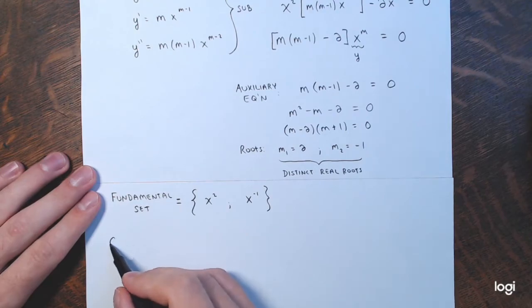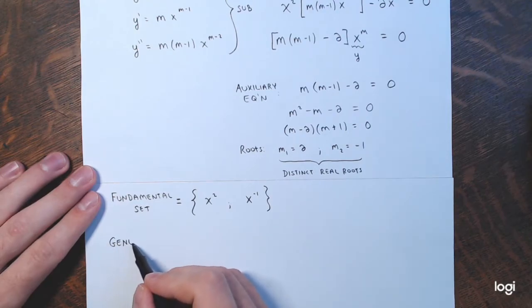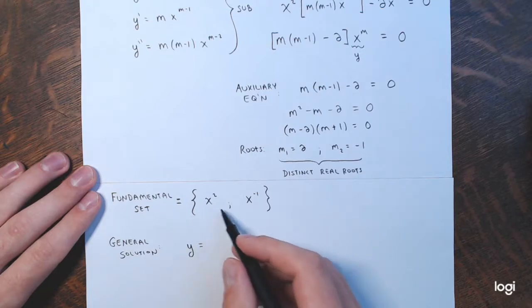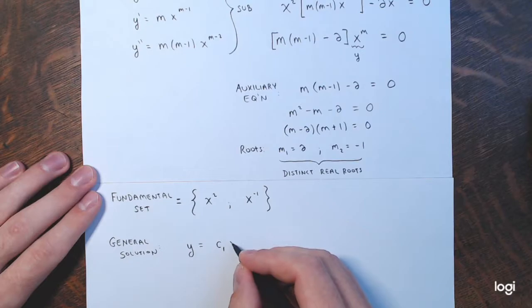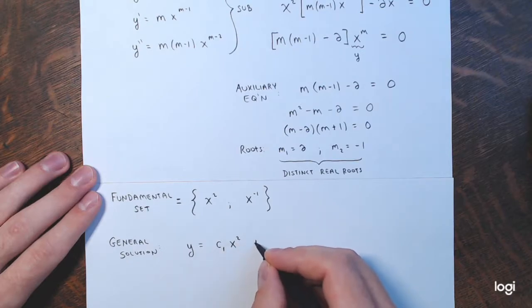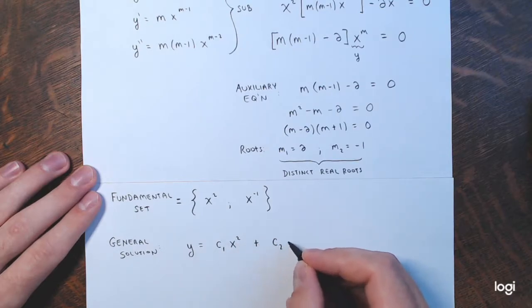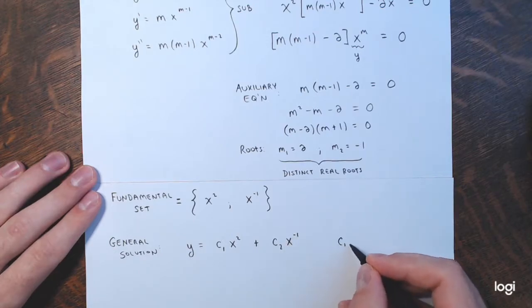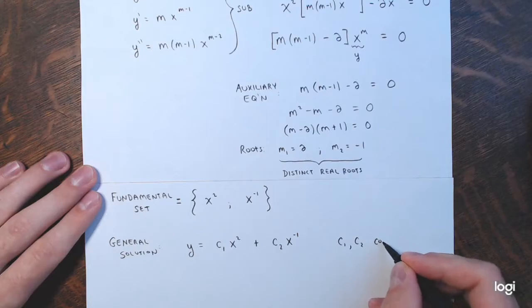And then finally we can state the general solution. It would be y equals any linear combination of these two, so say c1 times x squared plus c2 times x to the negative first, where c1 and c2 are constants.